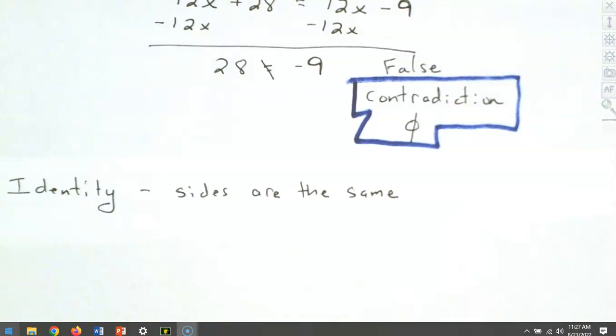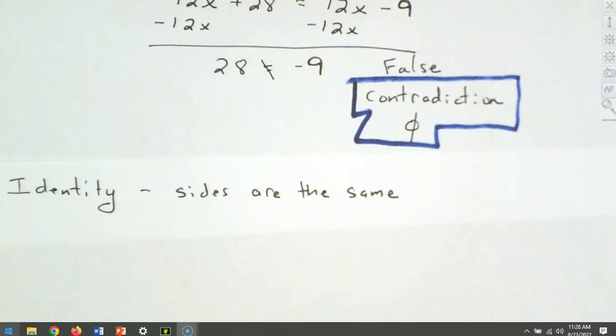Now, how I remember identity is I think of identical twins. And what do you know about identical twins? Well, they're the same, right? Okay, so when I say identity, that means the sides are going to be the same. Now, they may not look the same to begin with, but we're going to apply a little bit of algebra and make them the same.